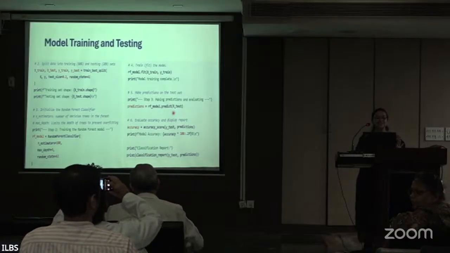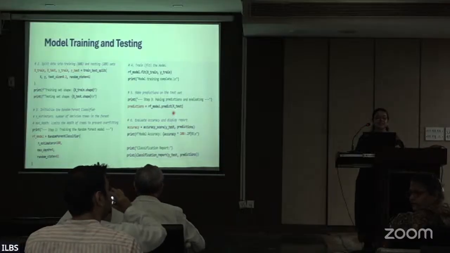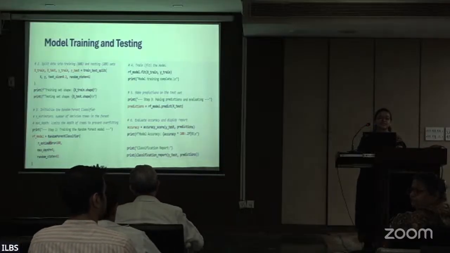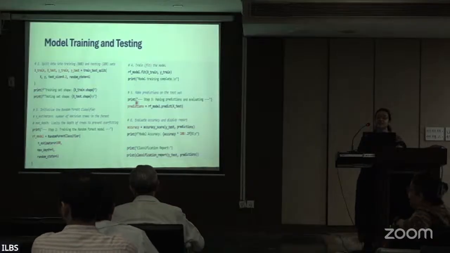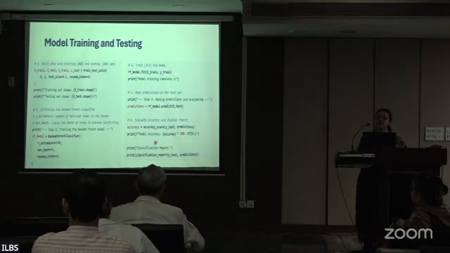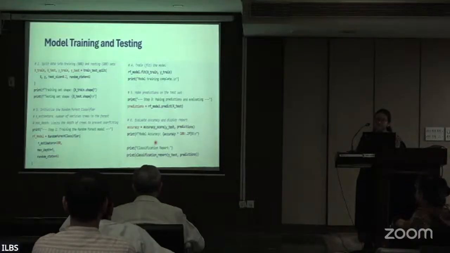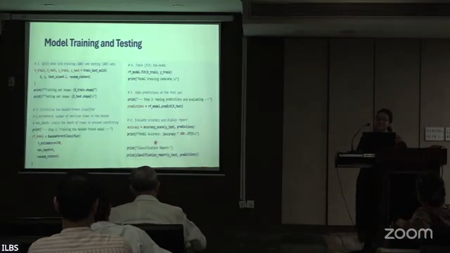So training, testing, split, then definition of the model. This is the definition line, random forest, training, prediction and the evaluation of accuracy. So this much is the code, but this is very basic. There are a lot more. You don't need to, not just to show if someone is very interested.